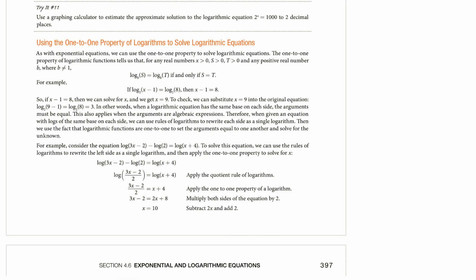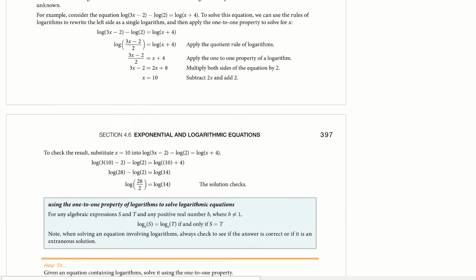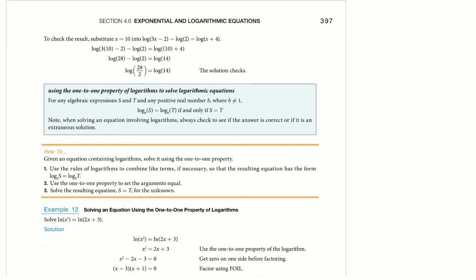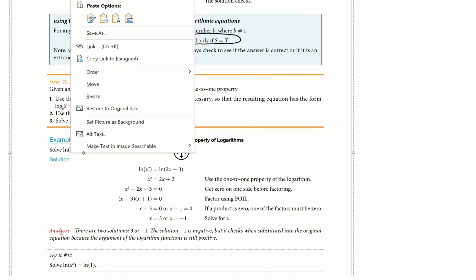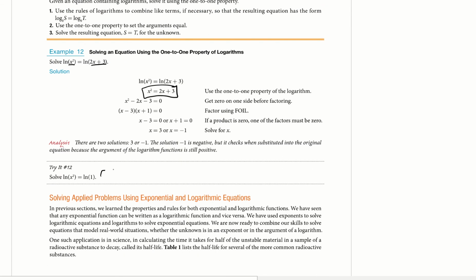Okay, so the one-to-one property to solve logarithmic equations. This says that if they have the same base and the only thing that is not equal are the insides, then the insides must be equal. So what that says here is we both have ln, so these insides must be equal. As you can see, they set them equal. We'll do one here.